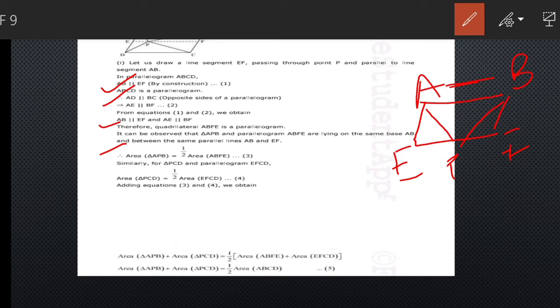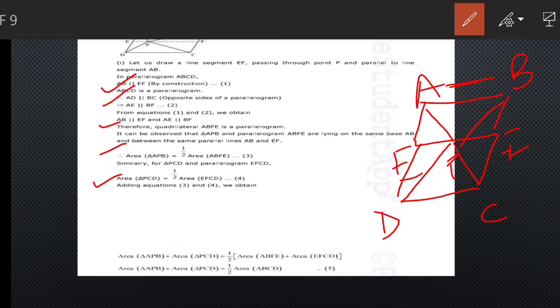Similarly, using this same thing, as ABFE is a parallelogram, EFCD is also a parallelogram, and in this parallelogram we have a triangle CPD. So using the same arguments that we have used before, the area of PCD is equal to half of area of EFCD.